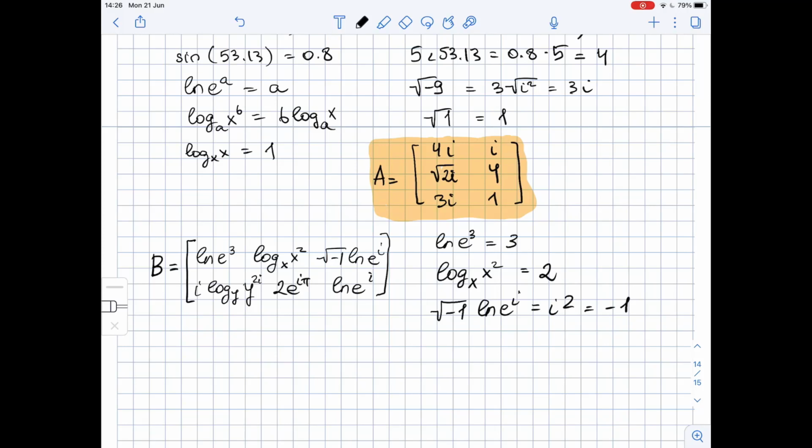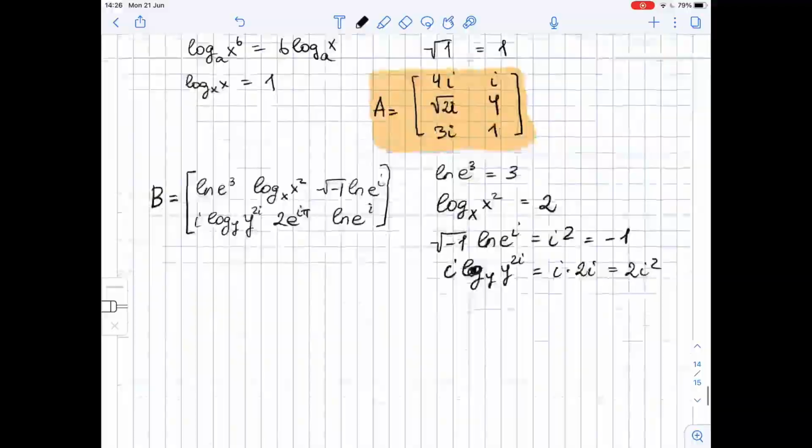We also know that i times logarithm base y of y to the power of 2i equals 2i squared. So i times 2i equals i squared.